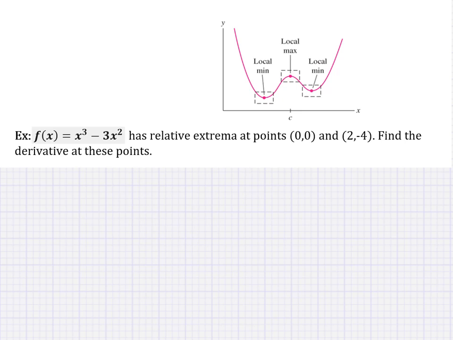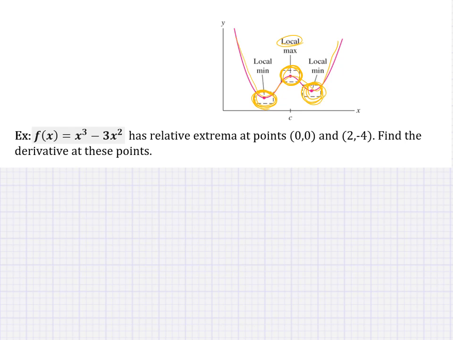Here is another curve. And in looking at this curve here, we see that we have these 3 points. This point, this point, and this point. Each one of these is a relative or local extrema, in which case this is a local minimum point, this is a local maximum point, and this is a local minimum point.